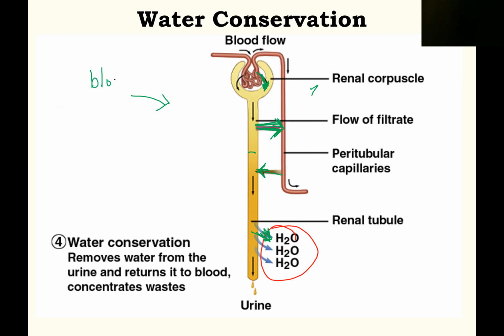So blood versus nephron. Glomerular filtration, you're going from blood to nephron. Tubular reabsorption, you're going back into blood. Tubular secretion, you're going back into the nephron.